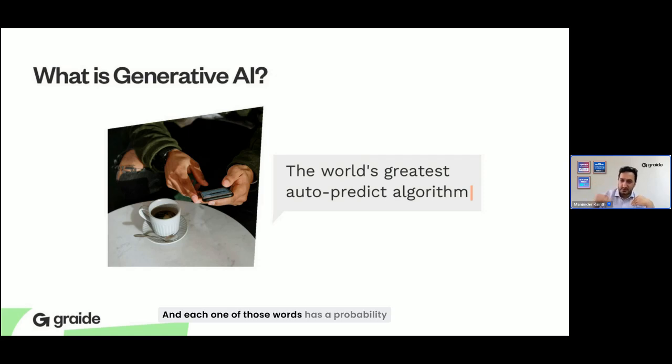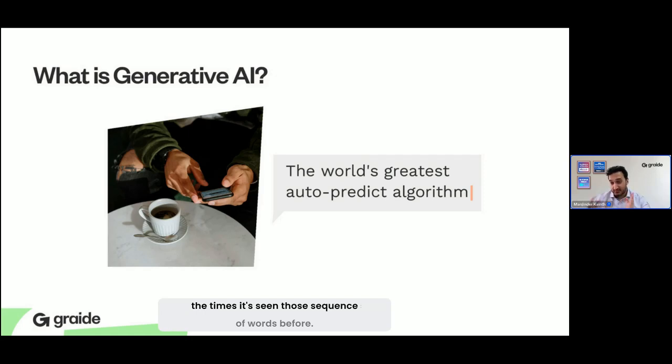And each one of those words has a probability associated with it based on all of the data that it's consumed and all of the times it's seen those sequences of words before. And based on that, you roll the dice and you output the next word. So naturally, these systems are quite random by nature, and you can control the degree of randomness in these systems, but that's fundamentally how they work.